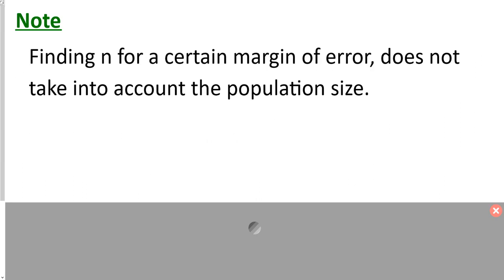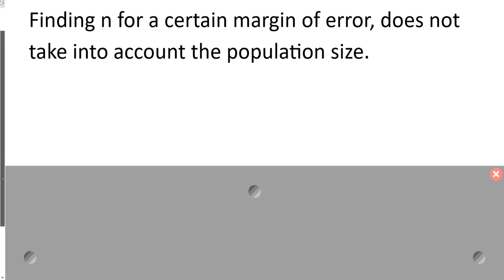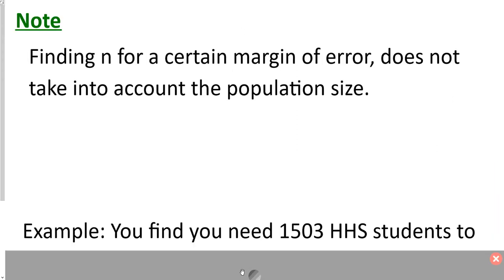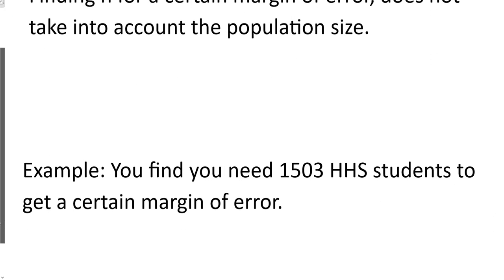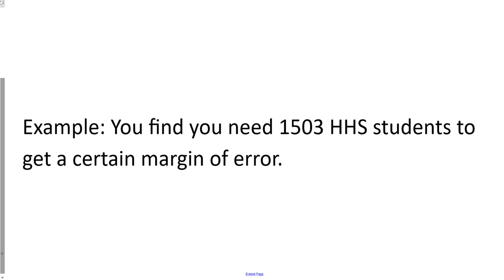One more note about this before I do a couple different things to finish up. Finding n for a certain margin of error does not take into account the population size. So as an example, let's just say you find that you need to sample 1,503 Hamilton High School students to get a certain margin of error. You do all this work, you get that.